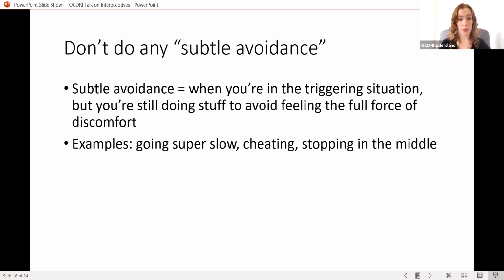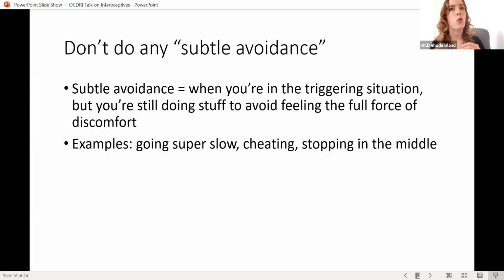Another point about interoceptive exposure is that when you do these exercises designed to bring on physical sensations on purpose, you want to be watchful of subtle avoidance behaviors. Actually, this is true for any type of exposure therapy, whether it's a fear of spiders or a fear of your heart racing.